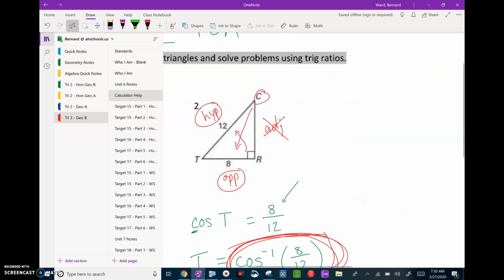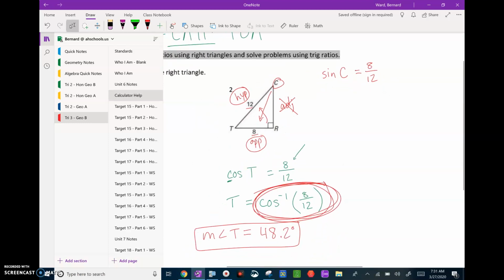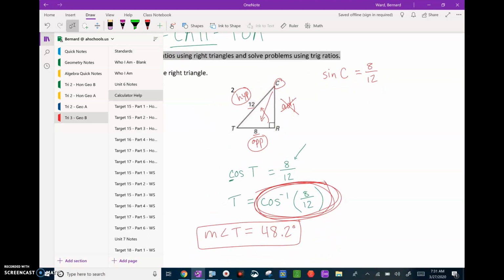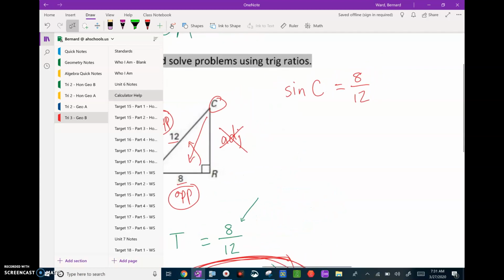So to set that up, we would do the sine of angle C is going to equal opposite divided by hypotenuse. So that's 8 divided by 12. And so this is the same ratio as before, but since we're using a different angle, cosine had to flip to sine. And then it's just a one-step process, right?